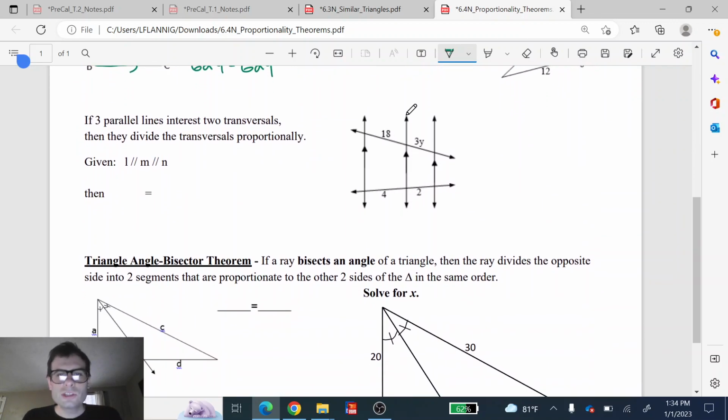All right, so let's assume we have L, M, N right here. These three lines, and we know they're parallel. We know that there's two lines cutting through them, but these three lines are parallel lines.